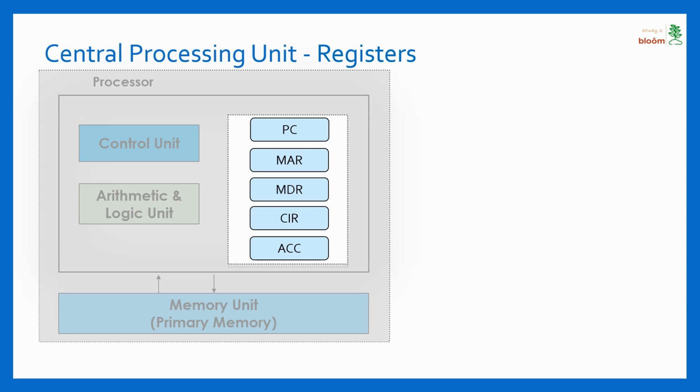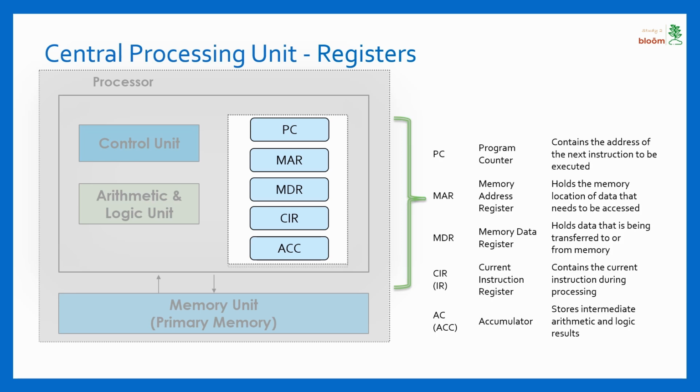These are a few of the special purpose registers in the central processing unit. Program counter or PC. This contains the next instruction to be executed. Then MAR or memory address register.